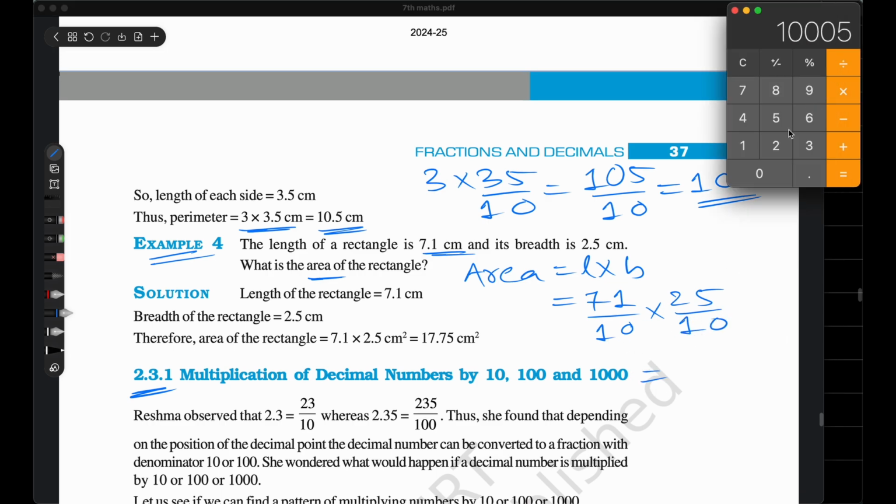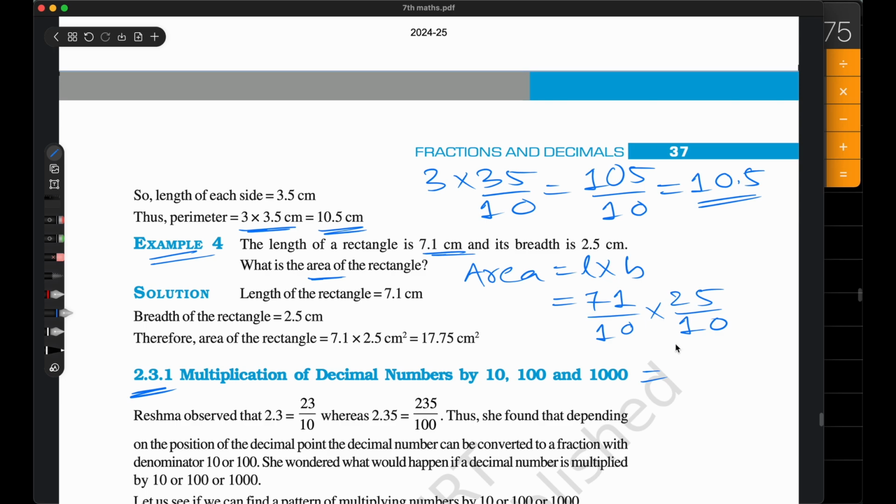Now multiply 71 and 25. 71 into 25 equals to 1775 divided by 10 into 10 is 100. Now starting from right hand side, after the second digit put the decimal, that is 17.75 is the answer.